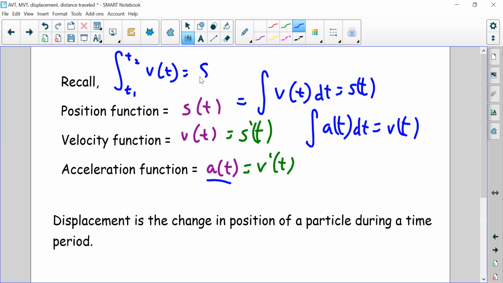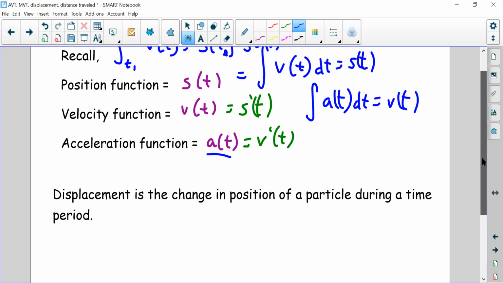So that gives me my position at time 2 minus my position at time 1. That's the fundamental theorem of calculus. All right, so terminology that you may or may not know.